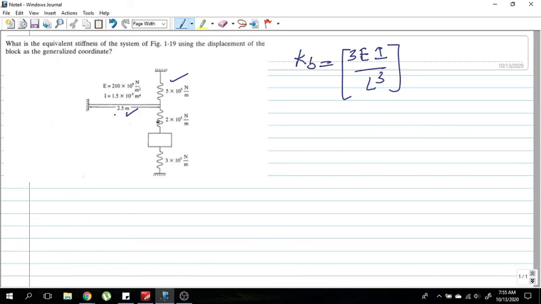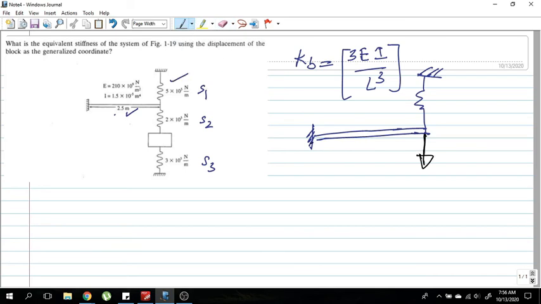I will take these as S1, S2 and S3. I will remove this beam and the upper spring so that you can get a good idea about the system. So like this.